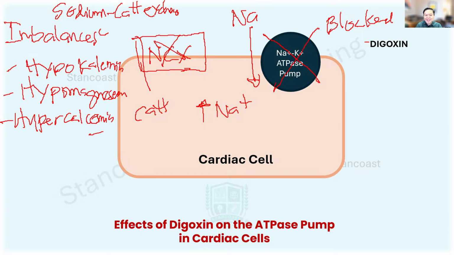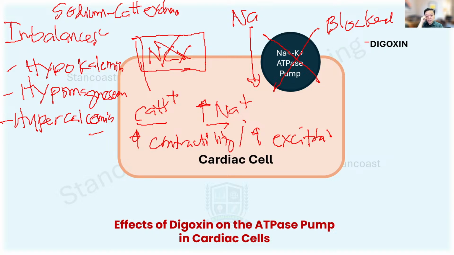So there is an increase in the concentration of the calcium ions in the myocytes, plus the concentration of sodium in the myocytes as well. So this will now increase the cardiac contractility. The heart cells will be more excitable this time. Increased contractility and more excited.